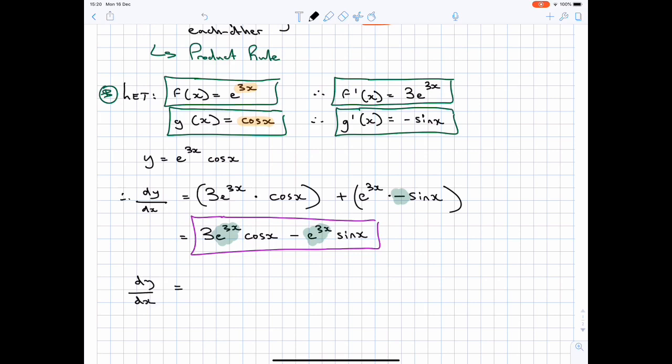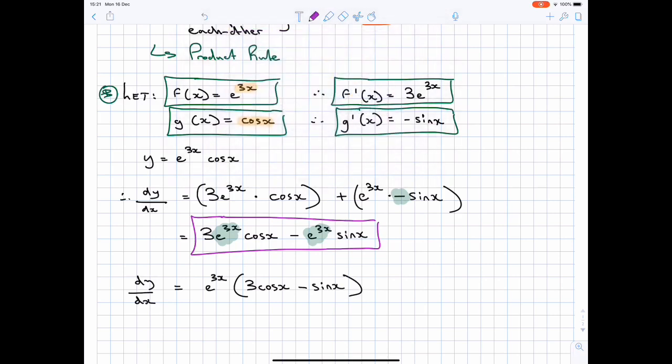Therefore you've got dy by dx. Alright, let's do that. So we take e to the 3x outside, and the rest will stay the same. So we've got 3 cos x, and that next part would be minus sine x.